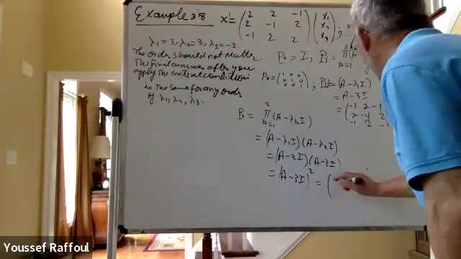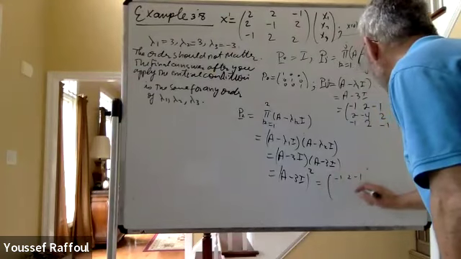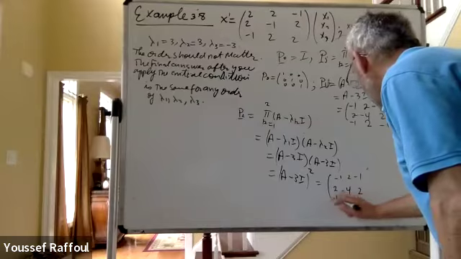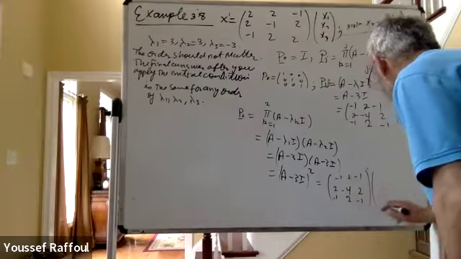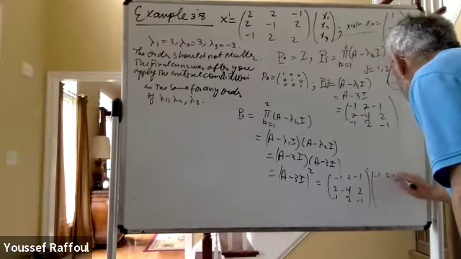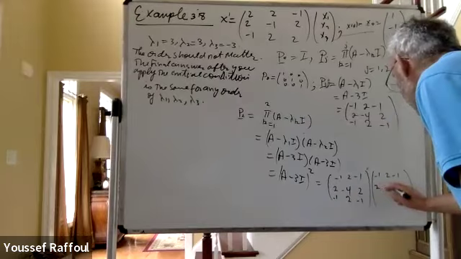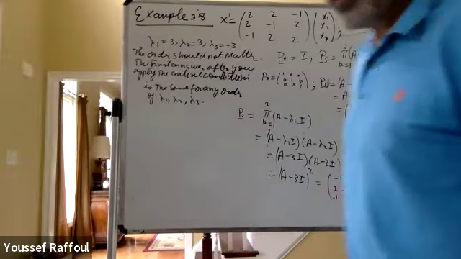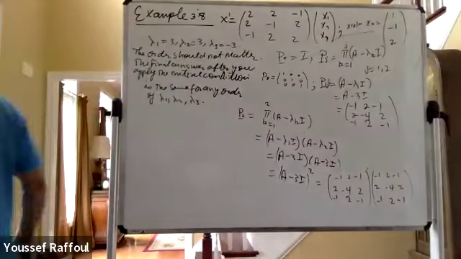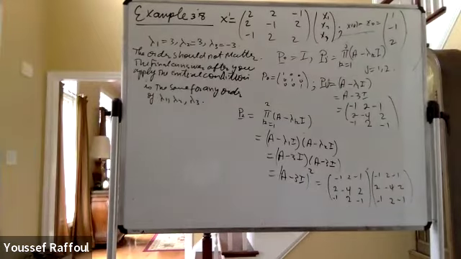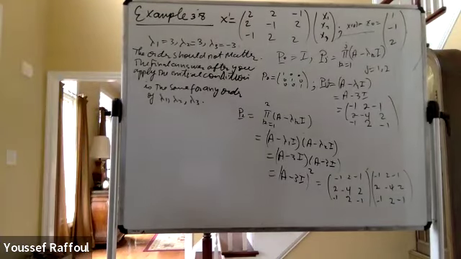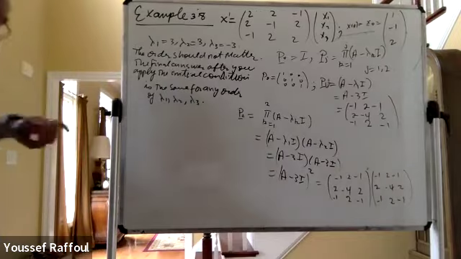So basically, it is this matrix here, minus 1, 2, minus 1, 2, minus 4, 2, minus 1, 2, minus 1, times the same matrix. Then you multiply this matrix together. All right. So what is left? I will flip the board.